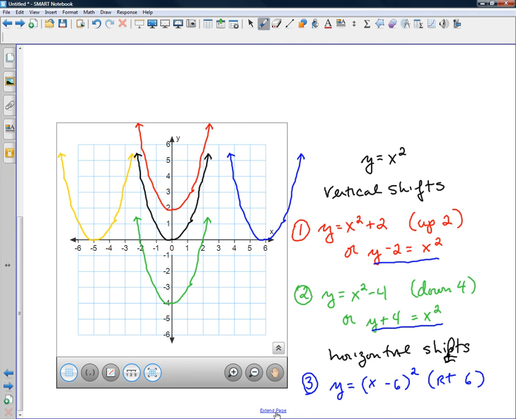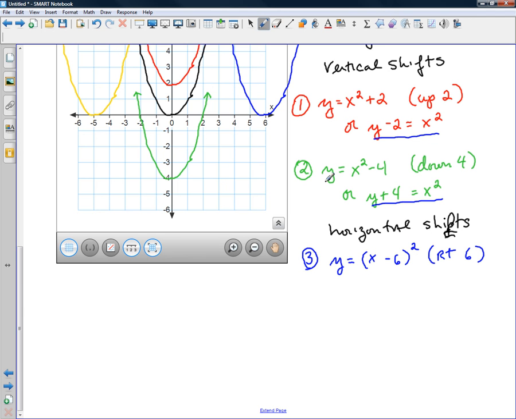And the final one, the yellow one, over on the far left there, the way I've drawn that one, we'll change this to yellow when we're done here like magic. So that would be, well, y equals, and it has to be with the x, and we'd say plus 5, and that would take it to the left 5 units, right?